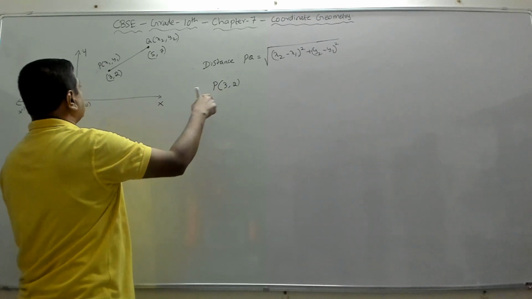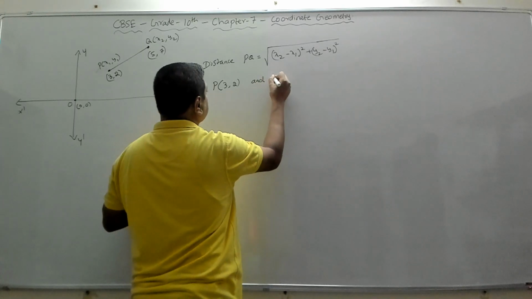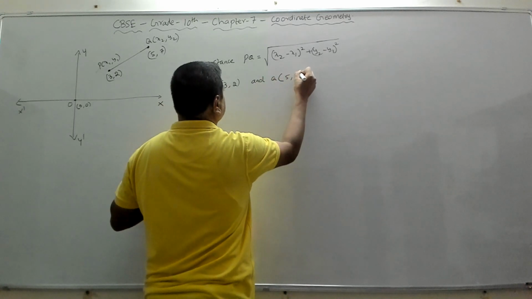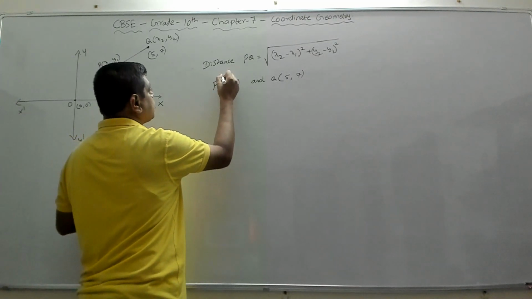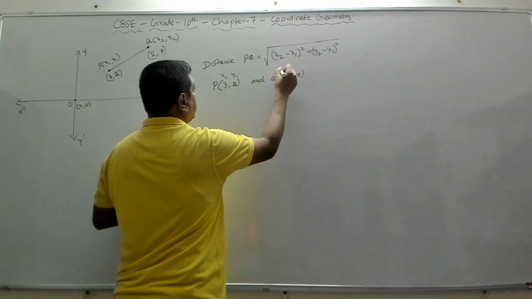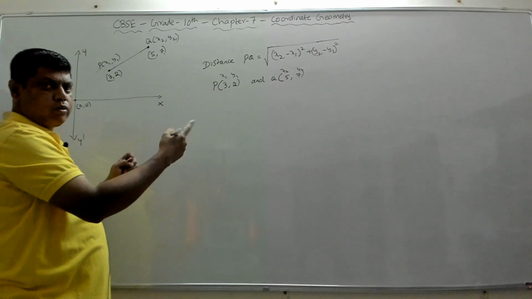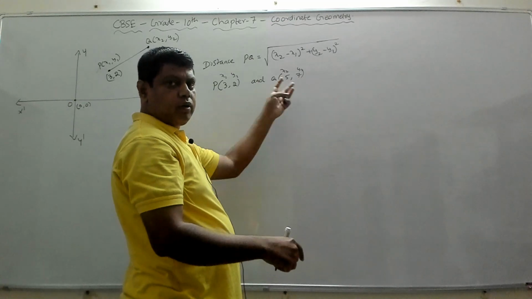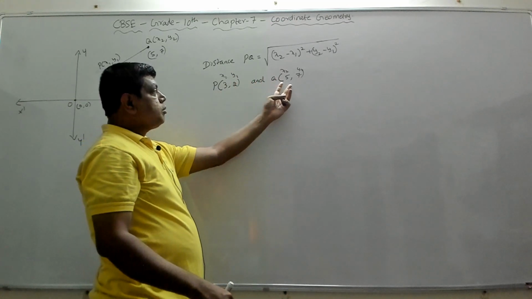That's how we denote the coordinate, and Q is (5, 7). Now if you want to find the distance between these 2 points, this is our x1, y1, x2, y2. You can take anything as x1, y1; you can take the other way also. If you take it, this can also be taken as x2, y2, and this can also be taken as x1, y1.